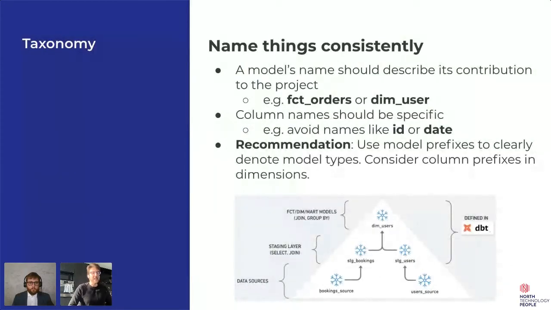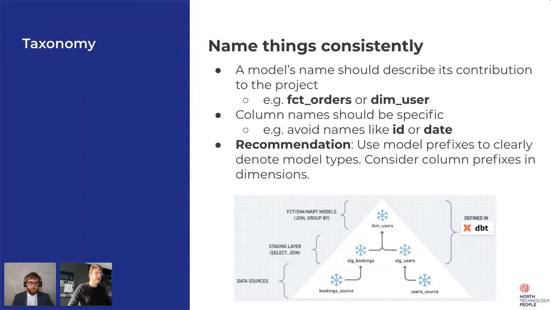Again, naming things consistently sounds trivial, but it can actually be really important. It should be really obvious from a model name and even a column name what exactly that model or column describes. A model name like fact orders or dim user is very obvious, and if you start thinking in terms of dimensional modeling, then you really understand how these facts and dimensions start to join together. It doesn't have to be hard work to figure out which table to query.